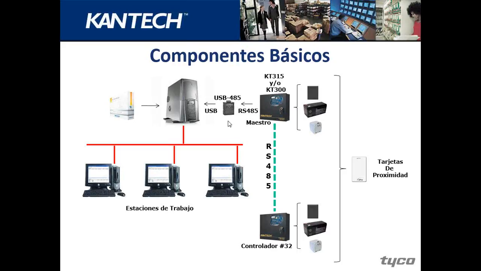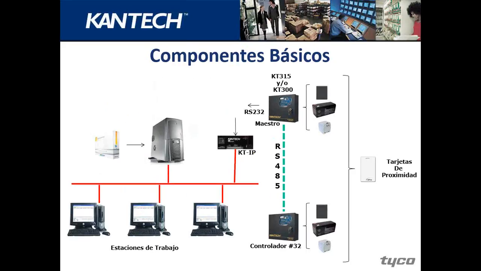We're communicating over USB 485. We could also have that situation with an IP loop. For example, here we have a KTIP connected to the network, going to the first controller, and again we can go up to 32 controllers.